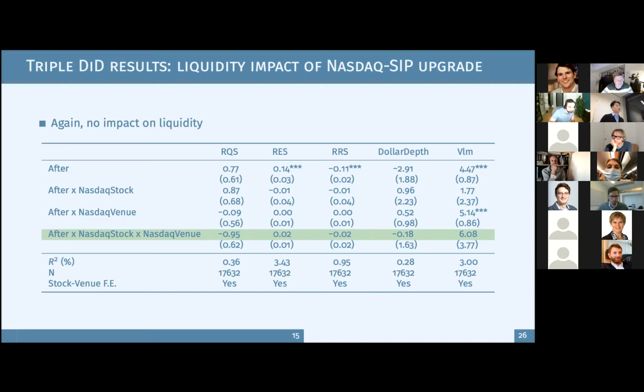Yeah, indeed. If you think about economic terms, it's quite big, as you said. But just based on the regression results, it's not significant. So I'm not confident to say if there's a true impact or not.